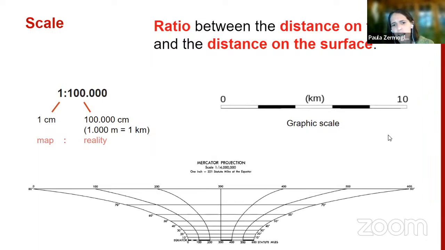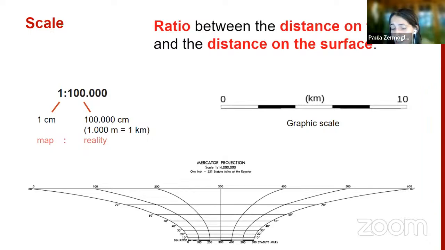As we were mentioning before, depending on the projection of the map, we have more distortion on some areas with respect to others. For example, if we're using the Mercator projection, when we get closer to the poles, here this is the equator, and here is 80 degrees, a little bit more is the pole, as we get closer to the pole we have more distortion.